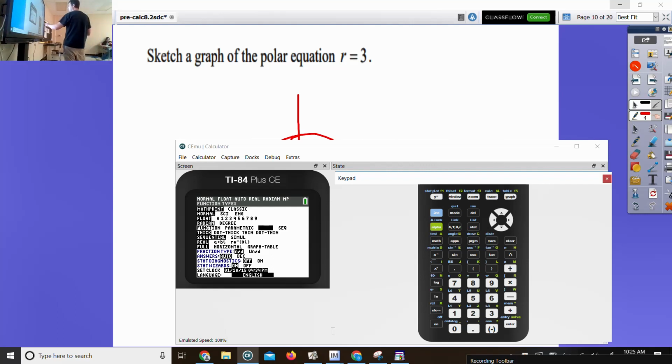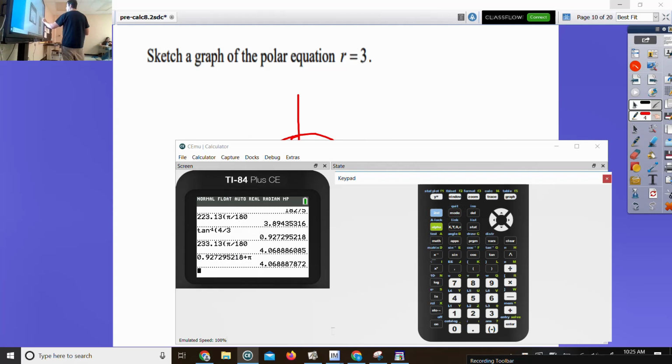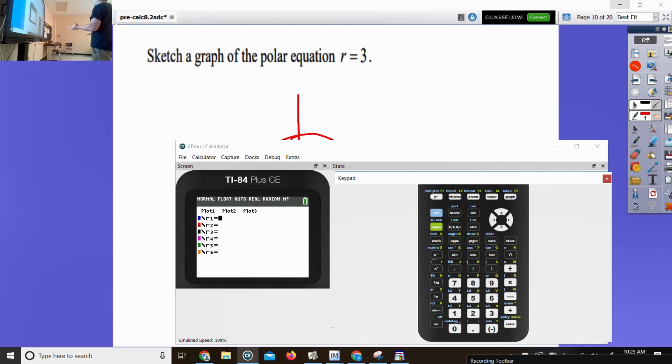Anyways, if you change it to polar and press enter, and then go to y equals, now you have equations written in terms of r, don't you? They're r equals, as in radius is. This was r equals 3. If you do a zoom 6, it will look like Stewie Griffin's head. If you want it to look like it should, choose zoom square.